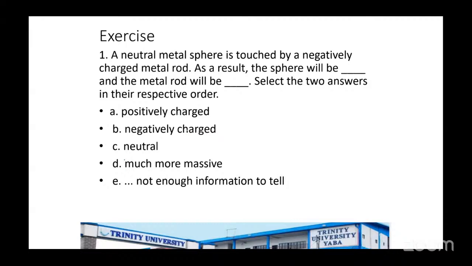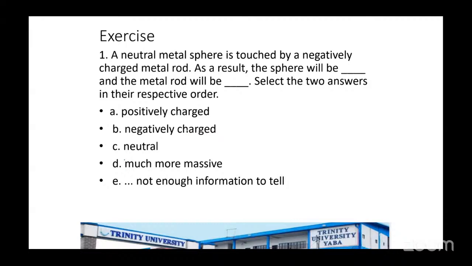So if a neutral metal sphere is touched, by contact, by a negatively charged metal rod, the metal sphere will become what, and the metal rod will be what, at the end of the charging process?